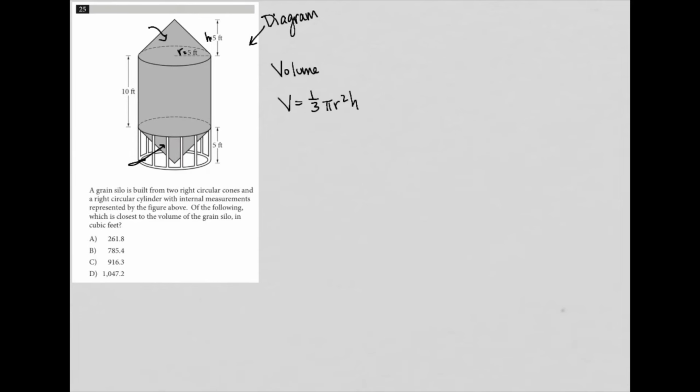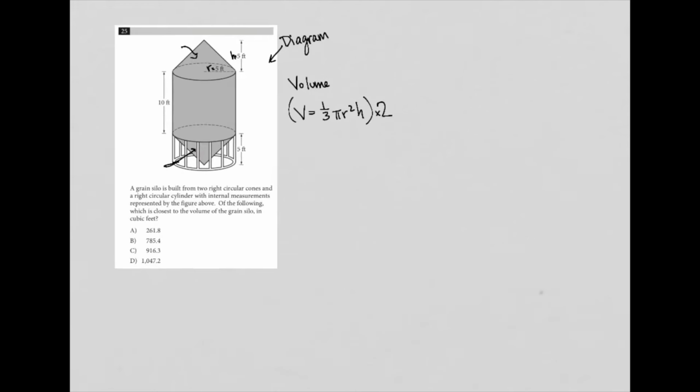Right, so we know we have 2 of those, right? So cone 1 and cone 2 are the exact same measurement. So you know that we're going to eventually multiply this entire volume by 2. And then the volume for the cylinder is V equals pi r squared h. And we only have 1 cylinder, obviously, so we'll just use that.